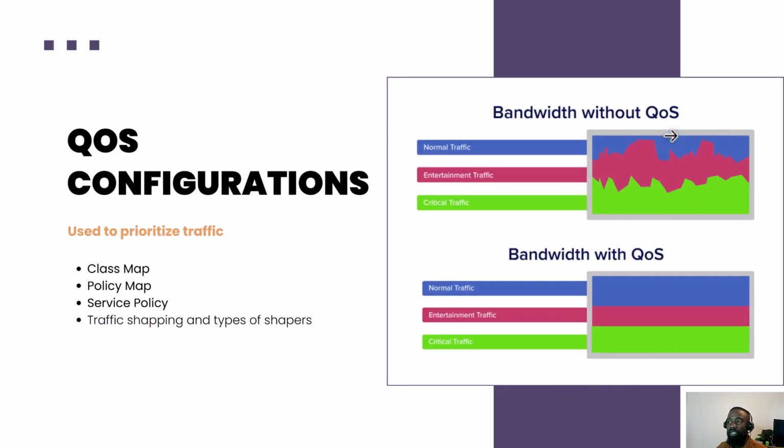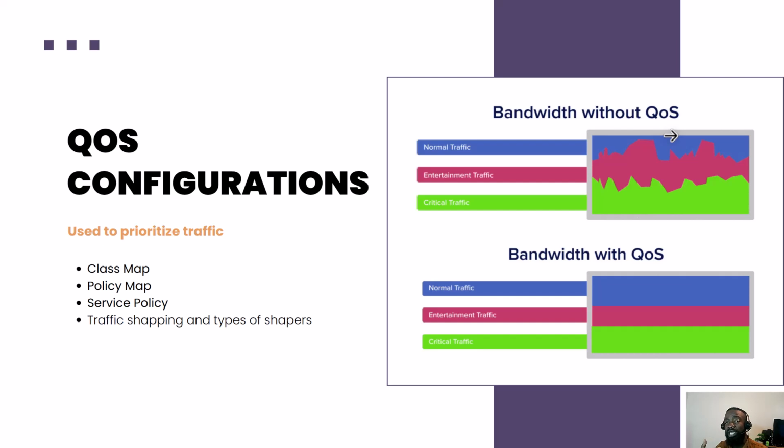Quality of service. Quality of service ensures that your most important traffic is prioritized, right? So understanding quality of service concepts would help you know how to configure it efficiently. So you need to understand things like class map, policy map. You need to understand service policies. You need to understand traffic shaping and types of shapers, right? So this would help you prioritize traffic.